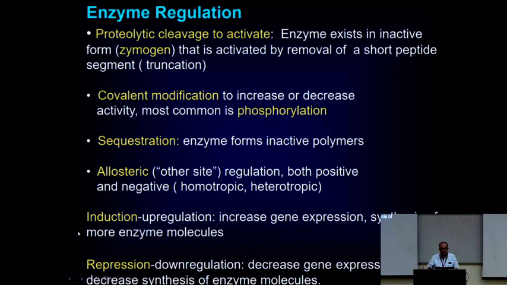These last two I want you to pay attention to are the slowest of all enzyme regulatory mechanisms. The reason they are slower is that obviously they involve multiple steps. You have gene expression, which means you have to transcribe the gene.